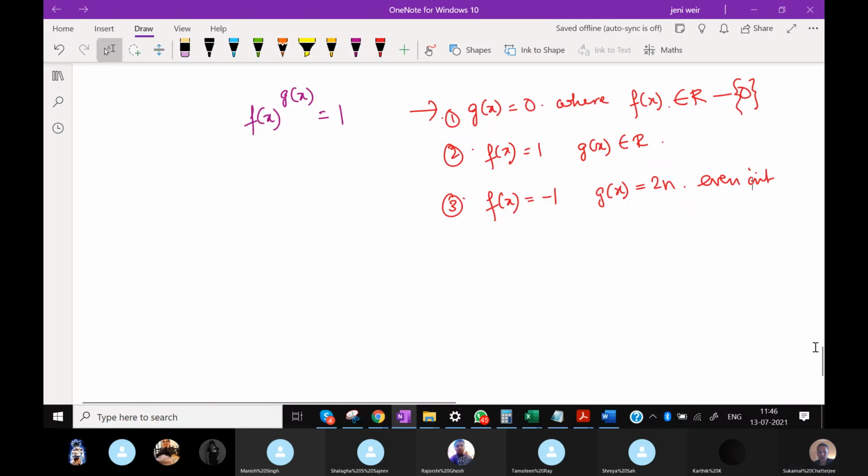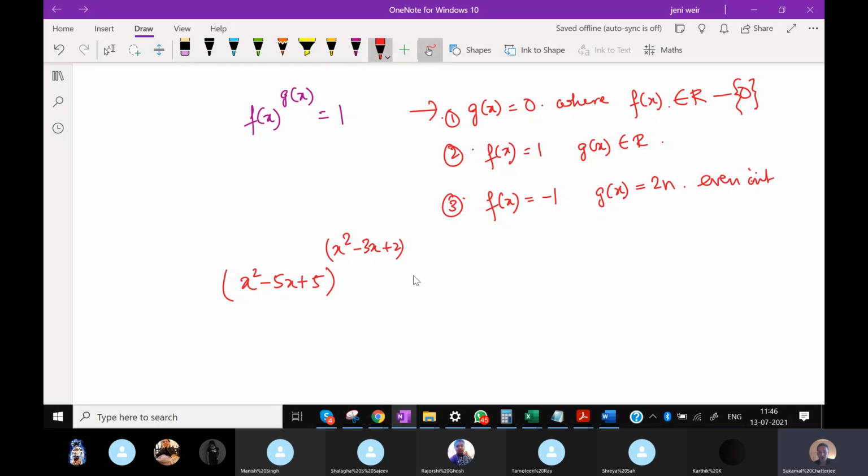Once again, if I take an example, f of x and g of x can be anything, right? So they can be a polynomial, they can be exponential, trigonometric, or logarithmic. So if I take polynomial, let's say I take x square minus 5x plus 5 to the power x square minus 3x plus 2 equal to 1.